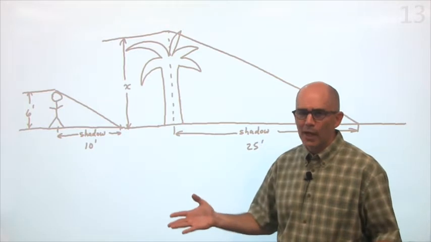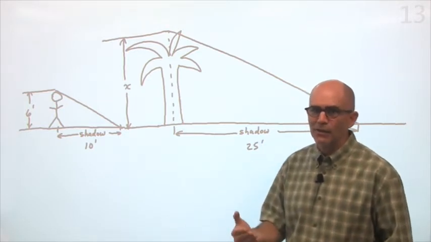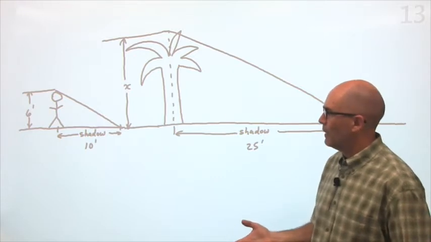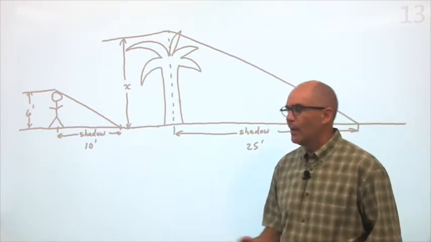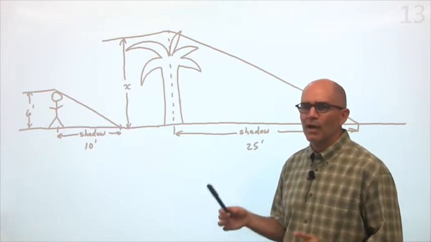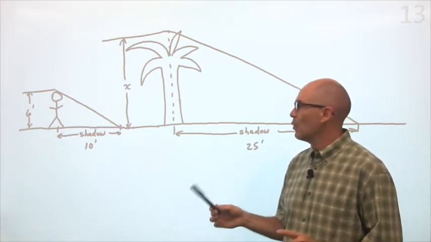I have no idea why, but they actually asked him to do that. So he called me and said, "How do I do that?" Well, there are a couple of ways to do it, but similar triangles are a convenient way of doing it.